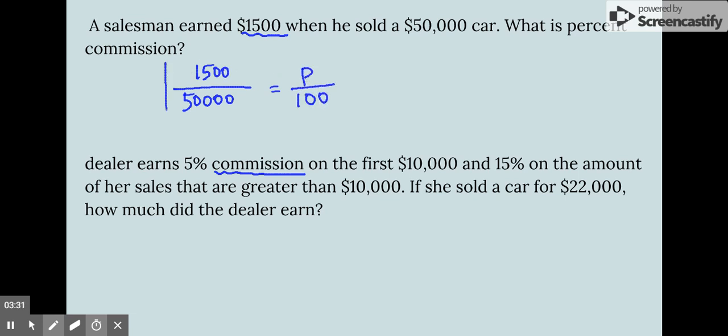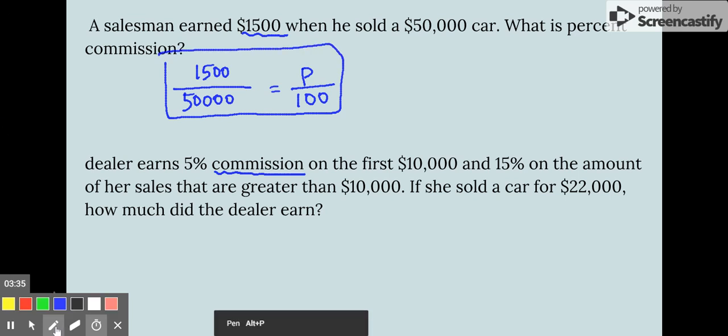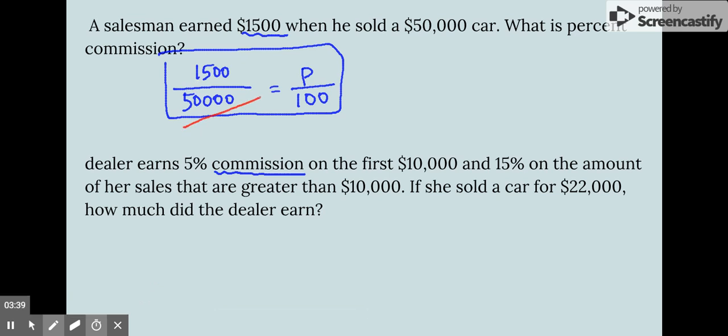You have the percent proportion, and then we're going to do cross multiplication. So now we are going to multiply these. So it's going to be 50,000 times P is equal to 1,500 times 100, which is 150,000.